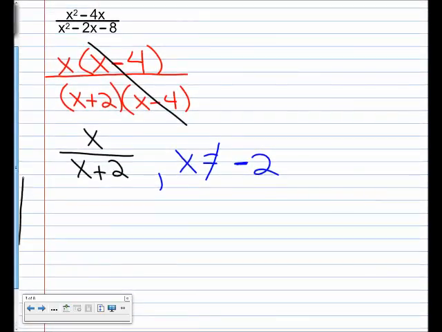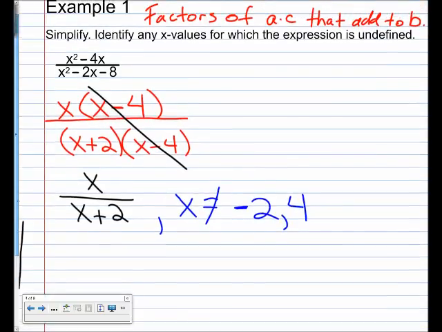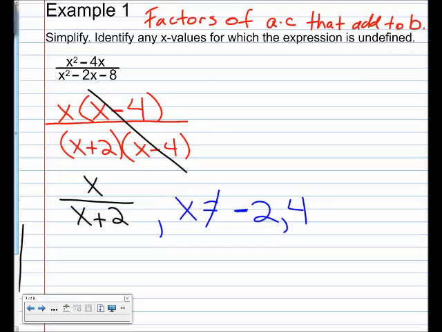We had x minus 4. So what makes that become 0? So not only is it -2, but x cannot be equal to 4. Make sure that even if you cross something out, it's still included when you do your values that make it undefined. Does everyone see the two pieces there? You got to simplify it and then identify the values that would make your denominator become 0.